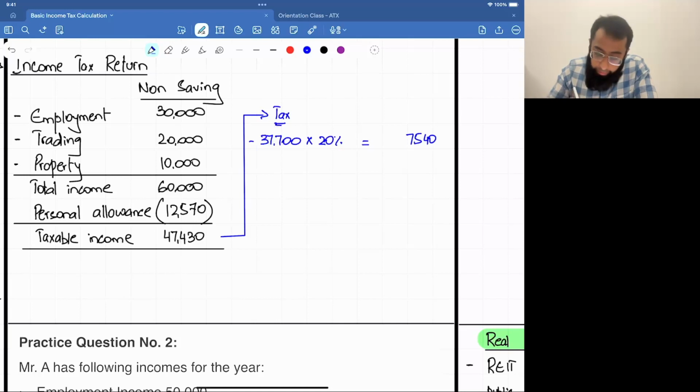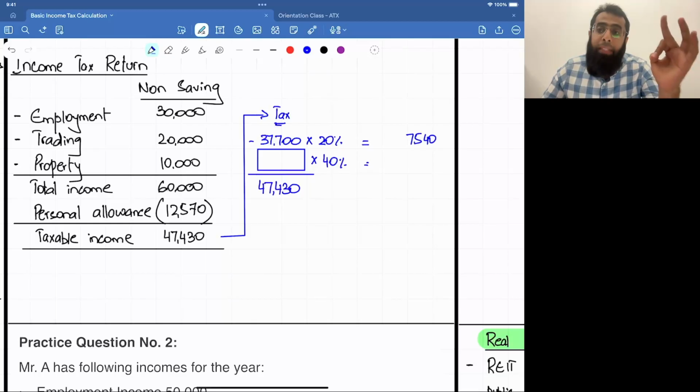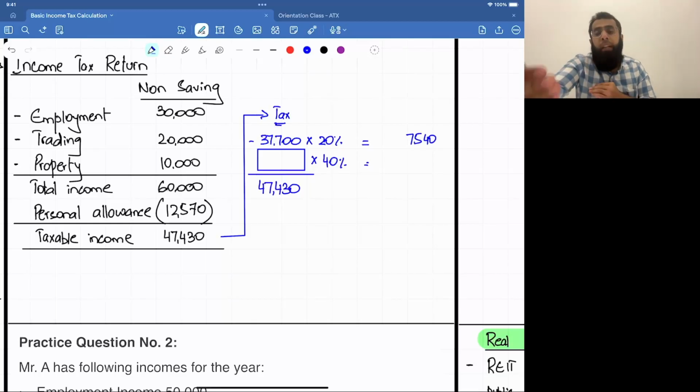Done. Then 47430. This balance will get taxed at 40%. The band gets changed. See, these are slices. First 37,700 is basic rate band. It's not like that whole income will be taxed at a single rate. First band, then the second band.